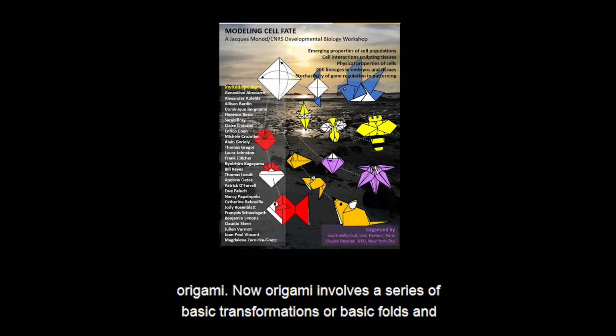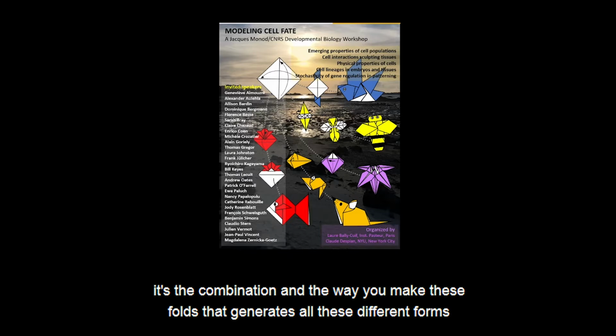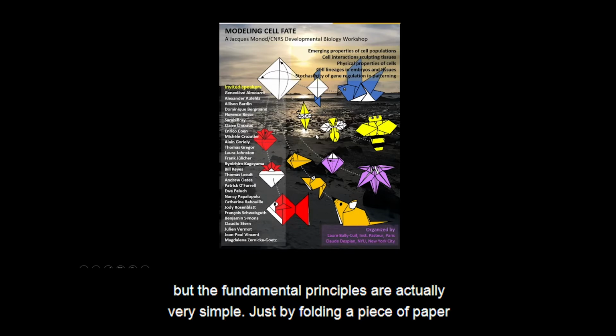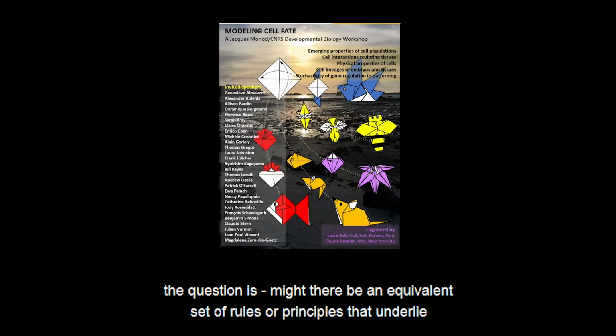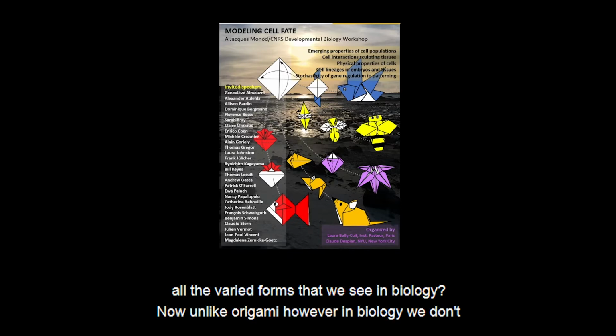Origami involves a series of basic transformations or basic folds, and it's the combination and the way you make these folds that generates all these different forms. But the fundamental principles are actually very simple, just by folding a piece of paper.